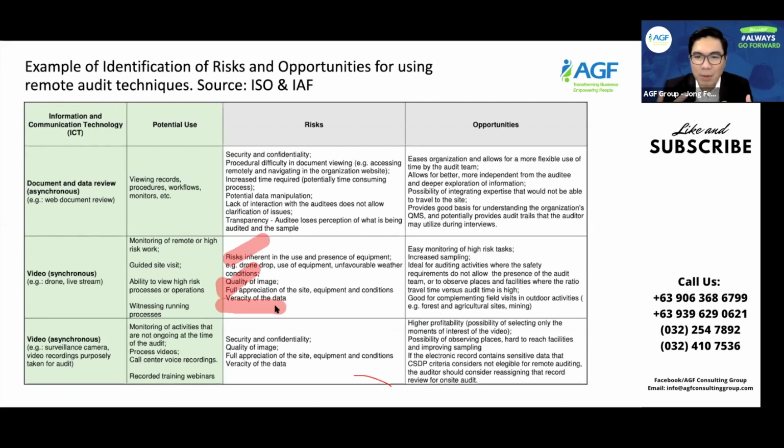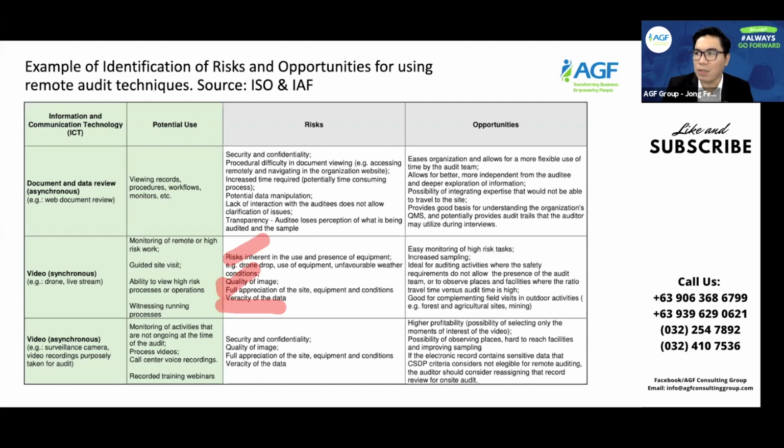However, on the plus side, you can at least have an assessment of what's going on in the assembly line. So what I'm saying here is they can use the tablet, or they can use the CCTV surveillance camera on the location if they have. But if they don't have, at least just a tablet, just for you to monitor, to observe the end-to-end process in a production floor. So that can also be done. All right, that's synchronous.